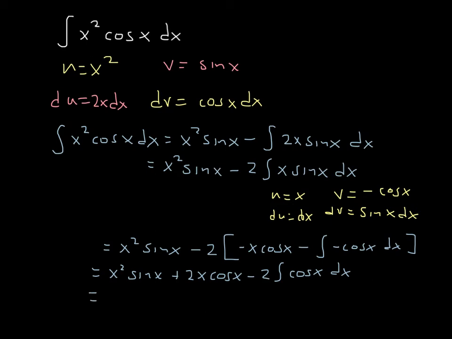And so I get this is equal to x squared sine x plus 2x cosine x minus 2 sine x plus C. And so I know now that the integral of x squared cosine x dx is equal to this.